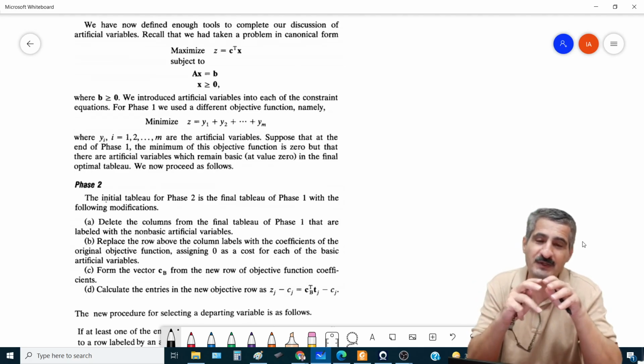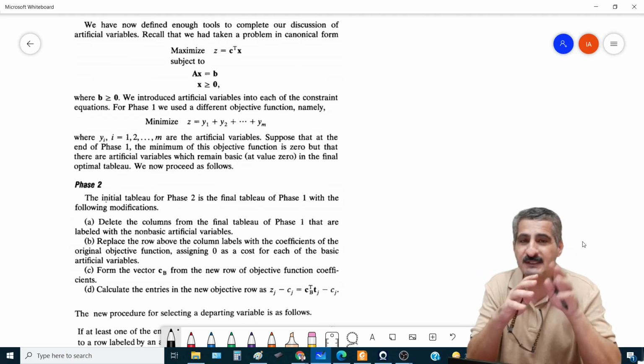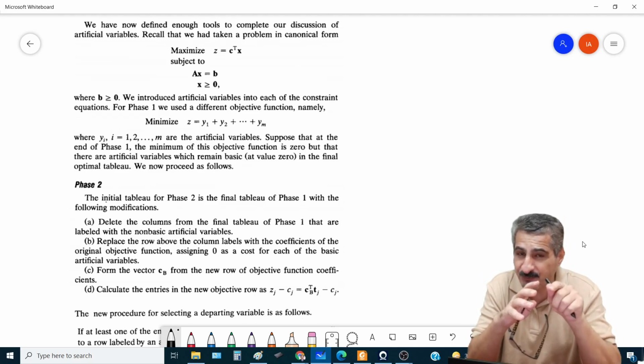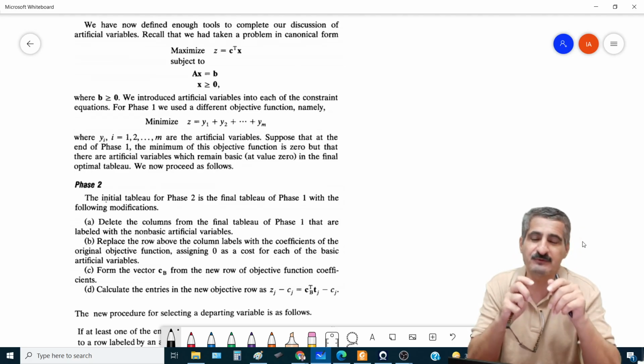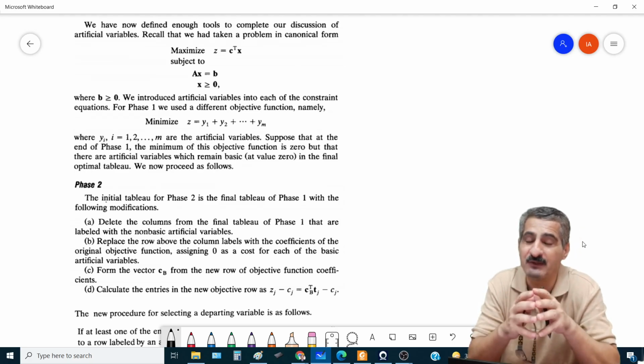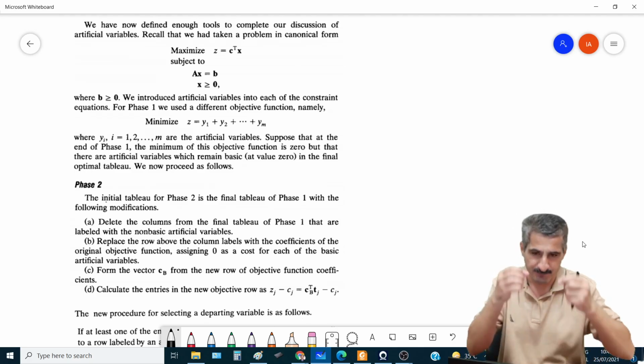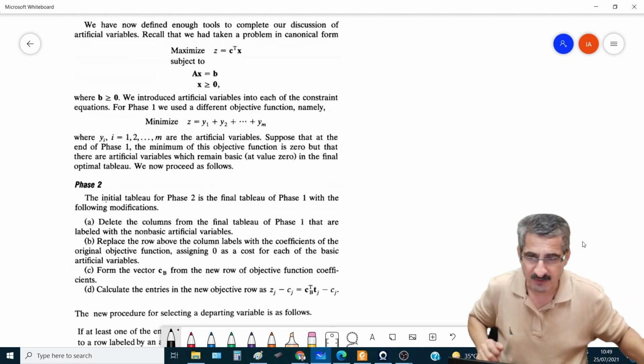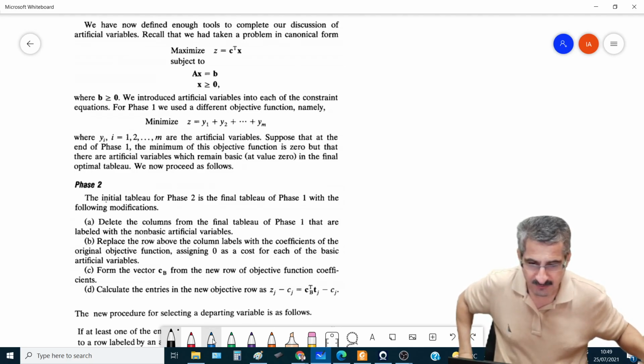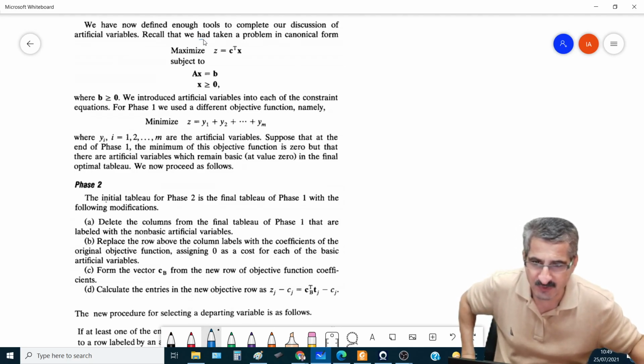But we will now assume some artificial variables at the end of phase 1 are still basic variables and have value 0. What do we do? Now we will see. Recall that we have taken the problem in canonical form, with b positive.